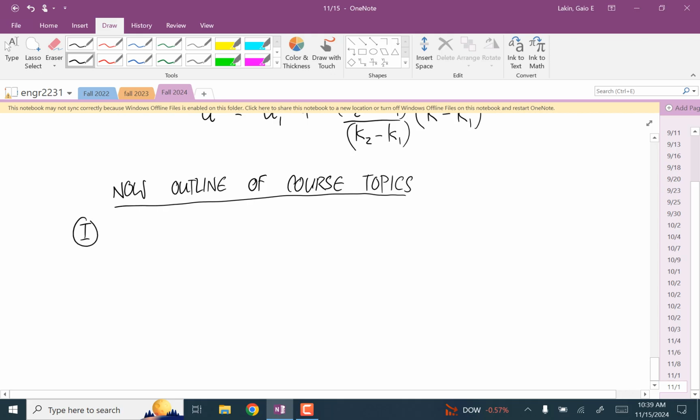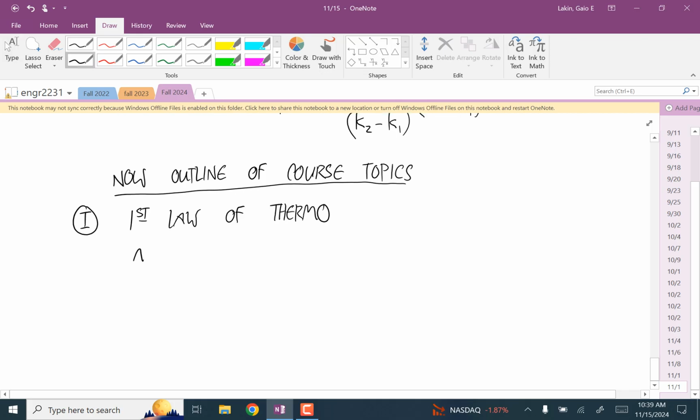So the first one is the first law of thermodynamics. And we started with this first part A for closed systems over finite time intervals.